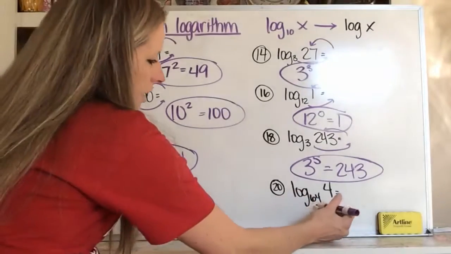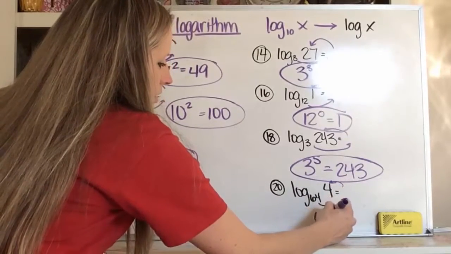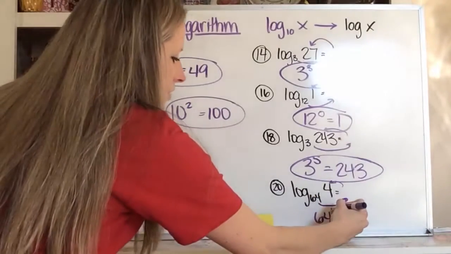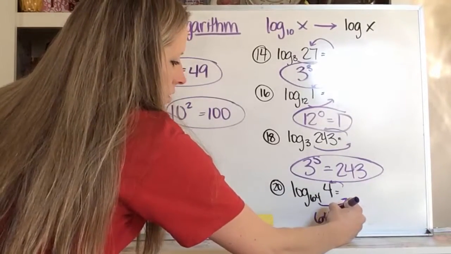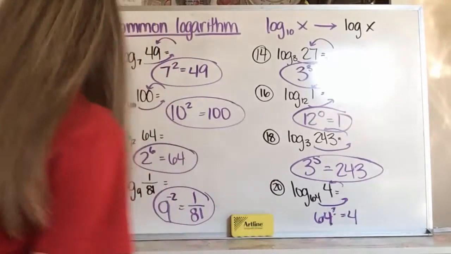Alright, number 20, 64 to the what gives me 4. This one's a little bit tough. 64 to the what gives me 4.